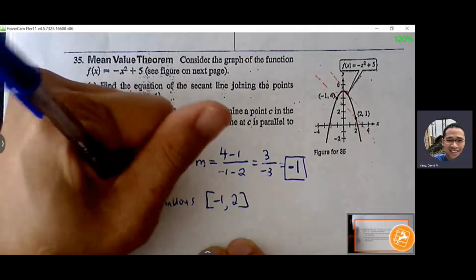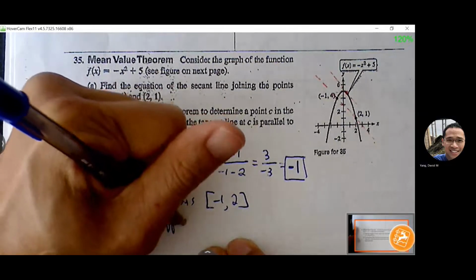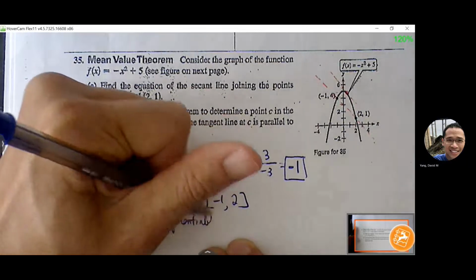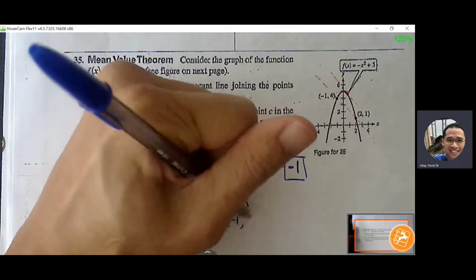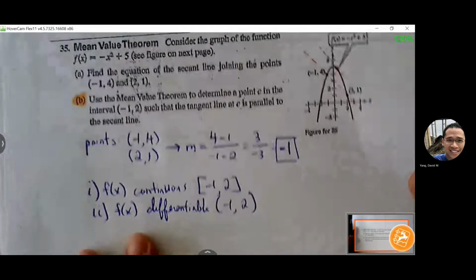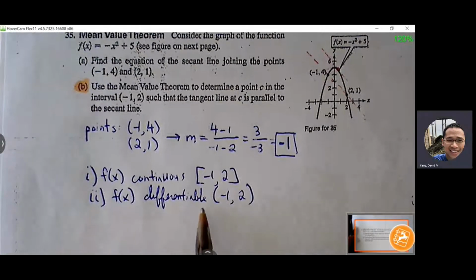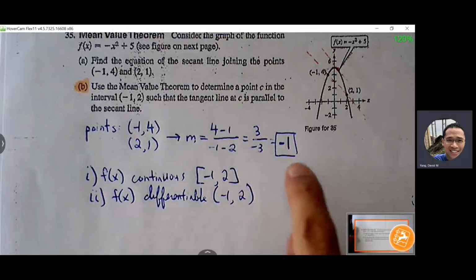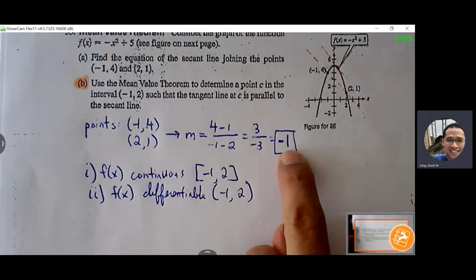Establish the function is differentiable, smooth curve, parentheses though. And now, for mean value theorem, we're just going to set the derivative equal to the slope that we're trying to target.